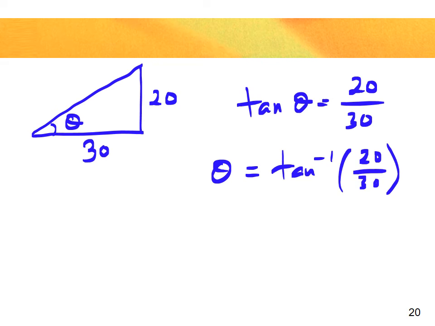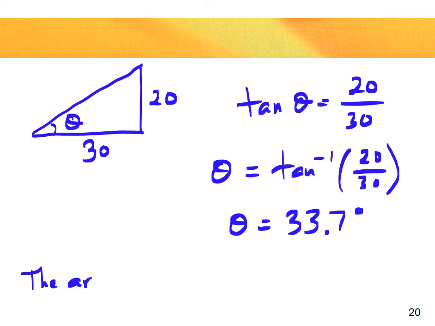Let you guys catch up here. You guys punch that into your calculator. Tangent inverse of 20 over 30. And if you punch in tangent inverse of 2 over 3, that's still the same thing. It's going to give you the same answer. All right, and we got ourselves 33.7 degrees. Hopefully you guys have the same.